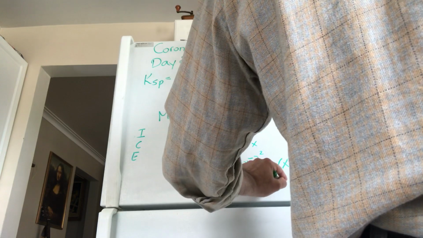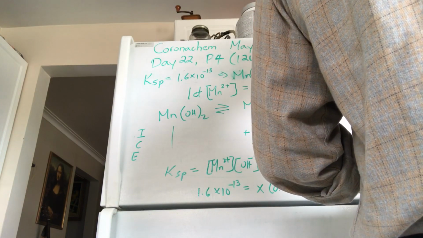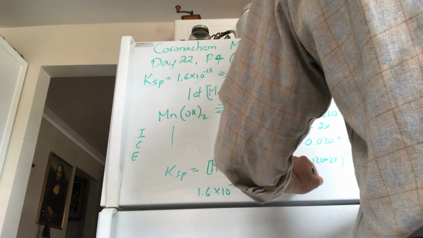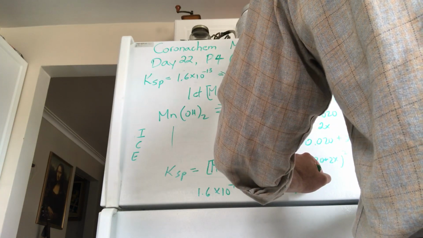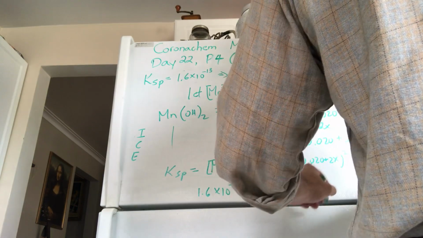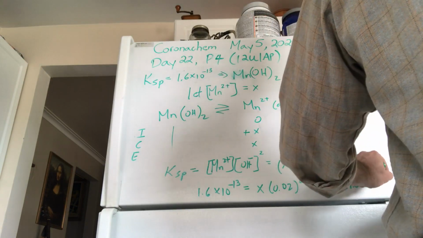So what you'll get is 1.6 times 10 to the negative 13 equals x times 0.02 all squared, which equals x times 4.0 times 10 to the negative 4.